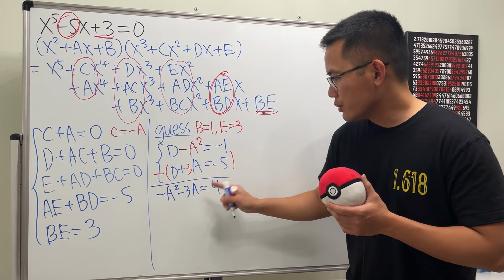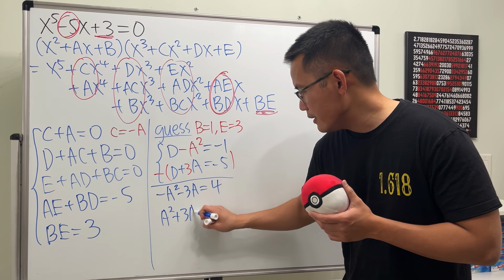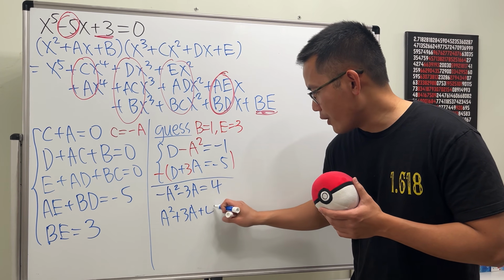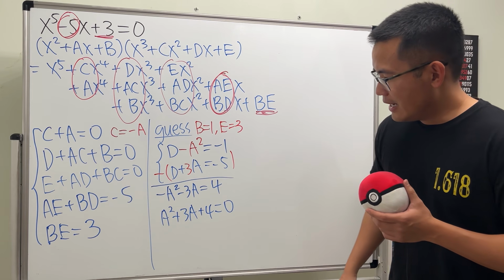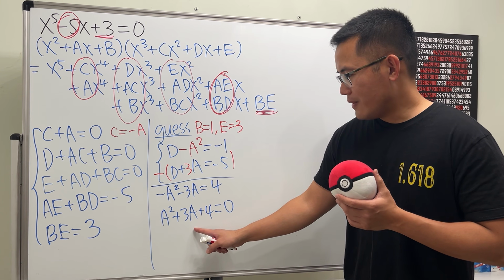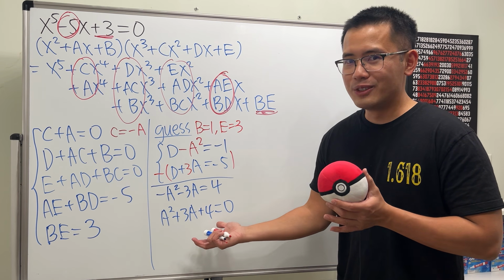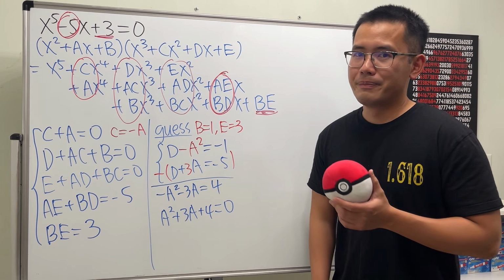Yeah, and then put this to the other side, and let's write them down as a squared plus 3a plus 4 is equal to 0. Uh-oh, here's a problem with this. Can we factor this? No. We can solve it, but you know, a is not going to be a nice number.